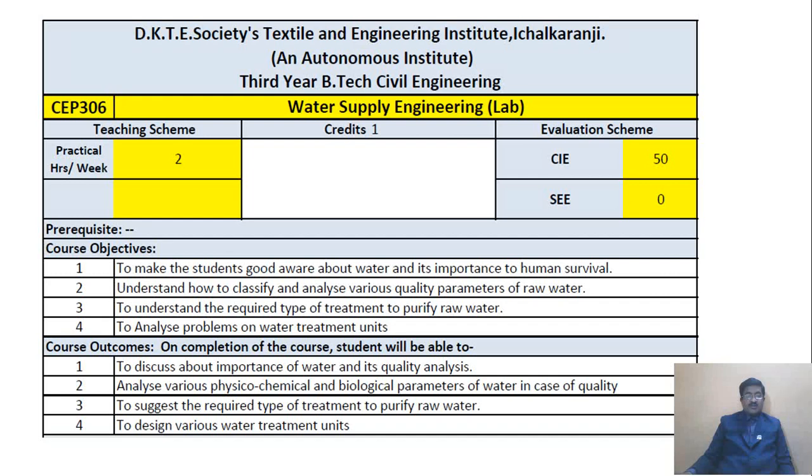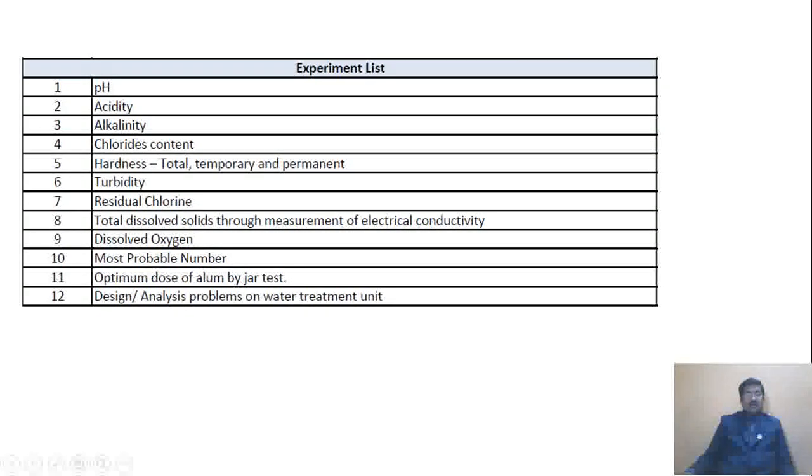Then the experiment list is very interesting, in which we are going to study various laboratory aspects of water. The first is to find the pH of water, acidity, alkalinity, chloride content.